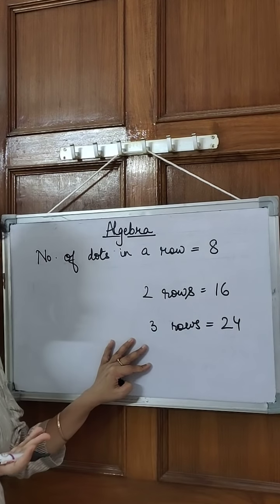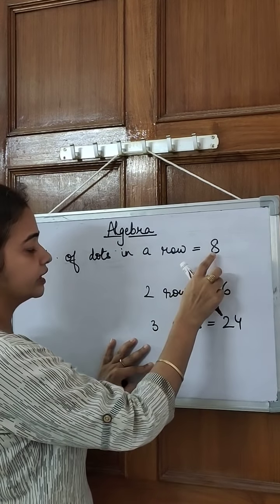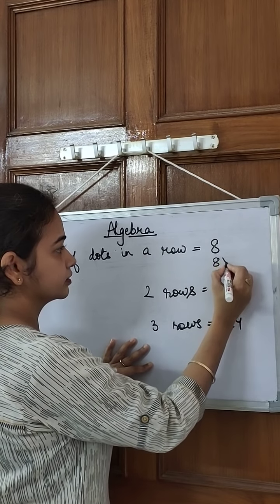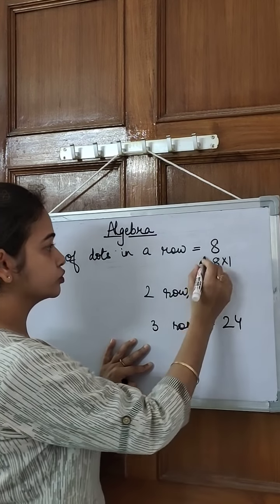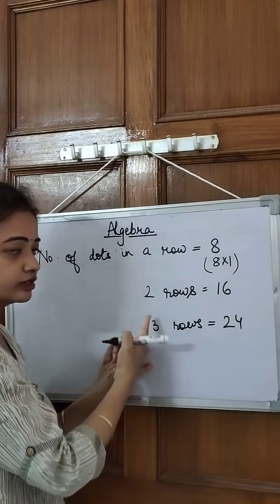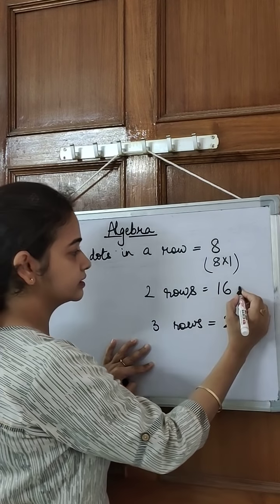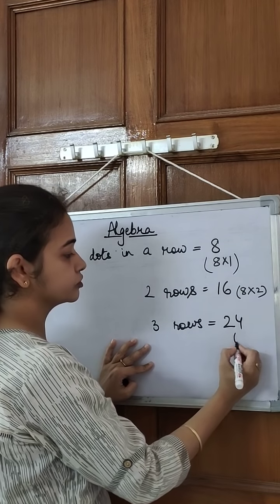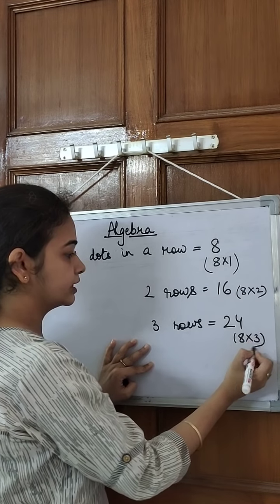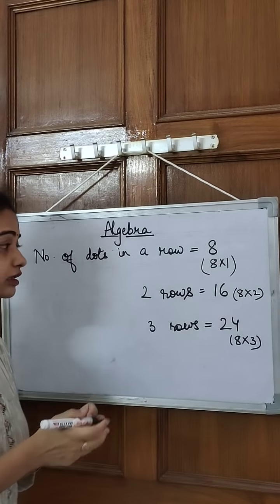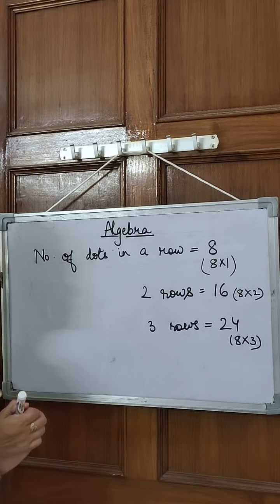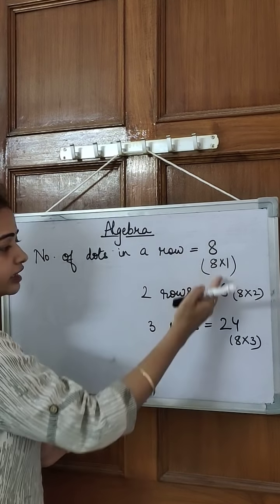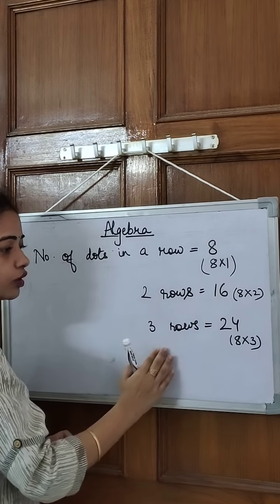So actually what we are doing is, in one row it is 8 into 1. In two rows it is double, obviously, so it will be 16. This means 8 into 2. Three rows means 8 into 3. This is how we can find the number of dots if we are taking one row, two rows or three rows.